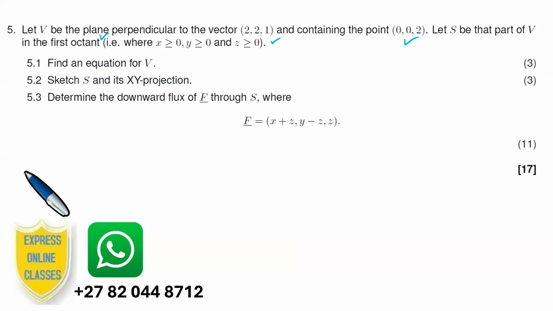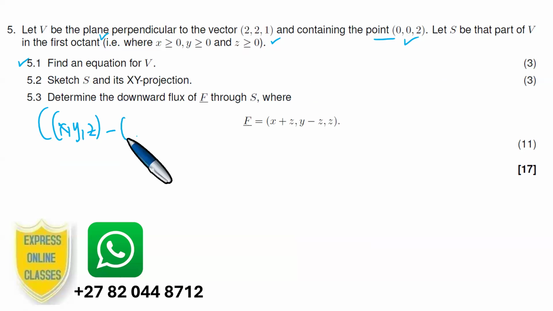So now, this is how we find an equation for the plane. We're doing 5.1. We can start by saying there's a point (x, y, z) minus another point, which is (0, 0, 2).